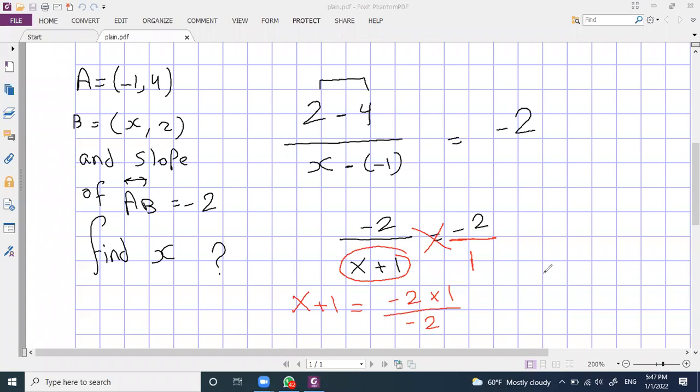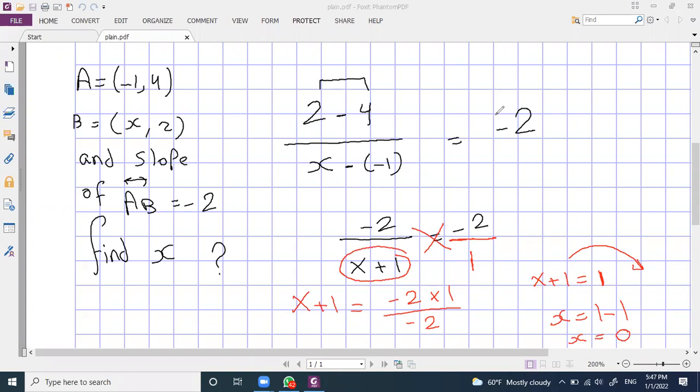So x plus 1 equals -2 divided by -2, which is 1. And move 1 to the other side, so x equals 1 minus 1, x equals 0. Did you get it?